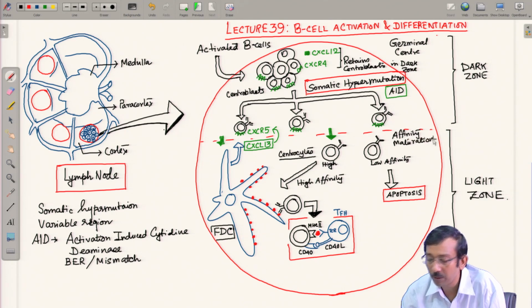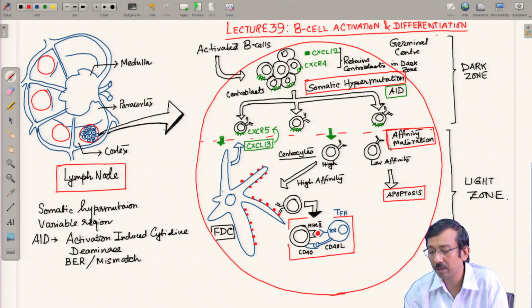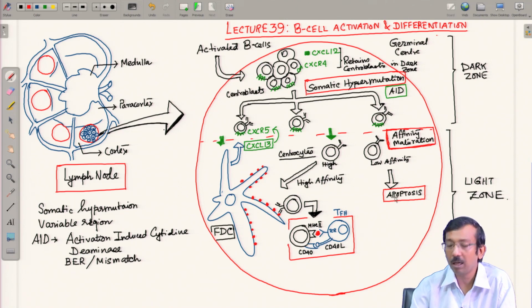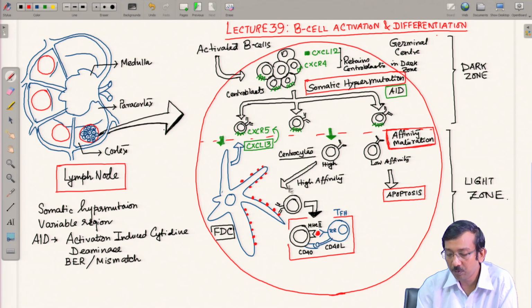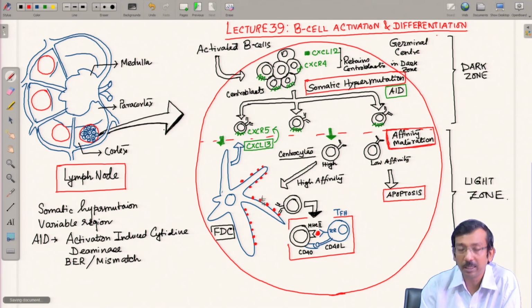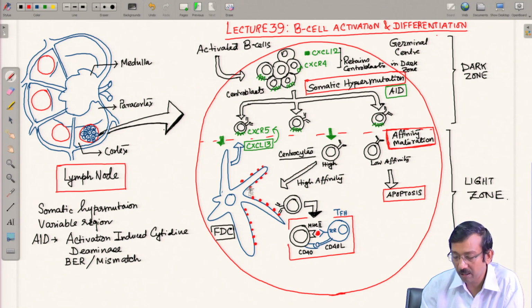Depending on its affinity towards the antigen, it will be selected. If it has a low affinity, bad affinity, it will undergo apoptosis. If it has a high affinity, it will be exposed to the antigens that are captured by the follicular dendritic cells that are present here.